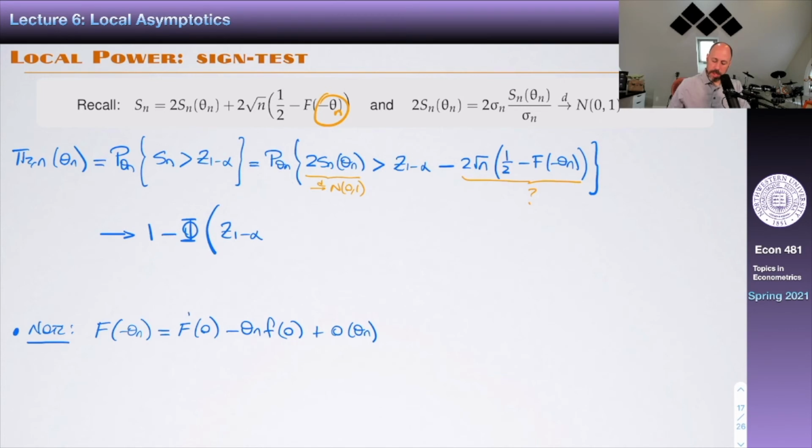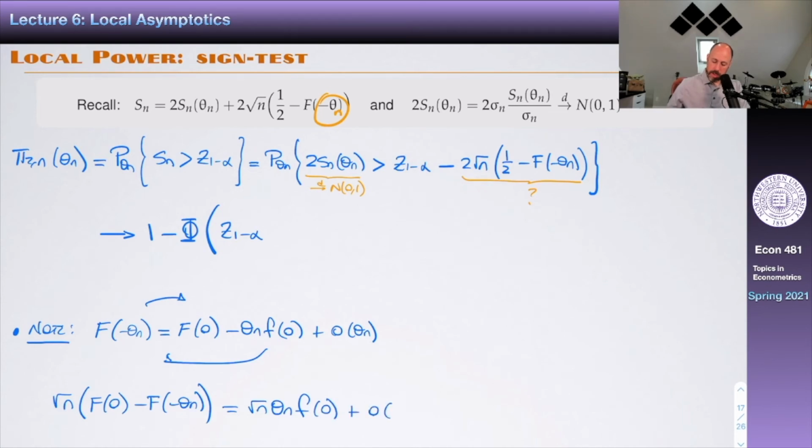And so if you just take this to the other side, and this guy to the other side, then what you have is that square root n times (f(0) minus f(negative theta n)) is just square root n theta n f naught plus little o(1).